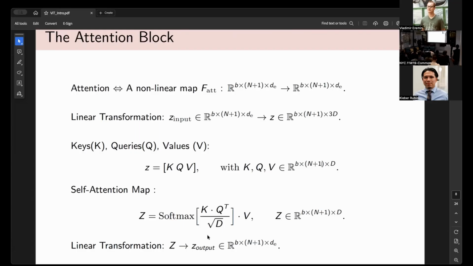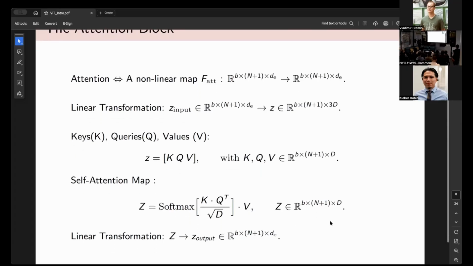The self-attention map is given by this formula over here. The softmax is being performed along the row of the tensor. You had both choices, you could do either row or column, but here the softmax is along the row. The resultant tensor, capital Z, is also a 3D tensor, with shape b times (n plus 1) times d.